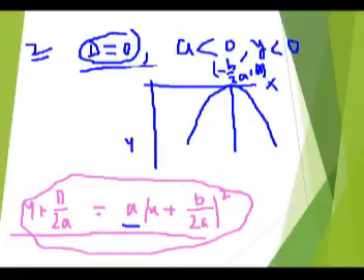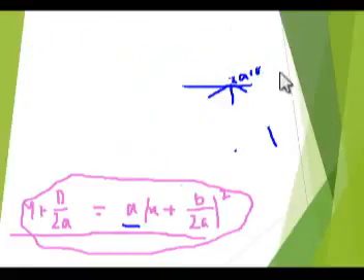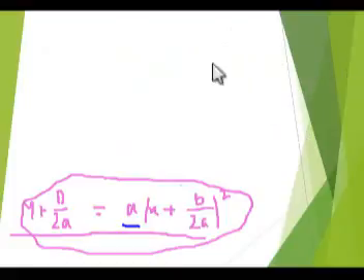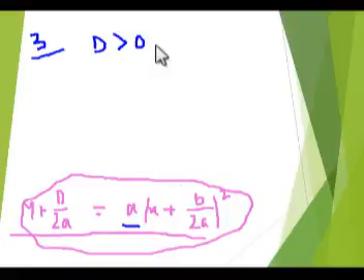For case 3, if d is greater than 0, then also from the equation we know that the roots of any quadratic equation are minus b plus minus root d by 2a.